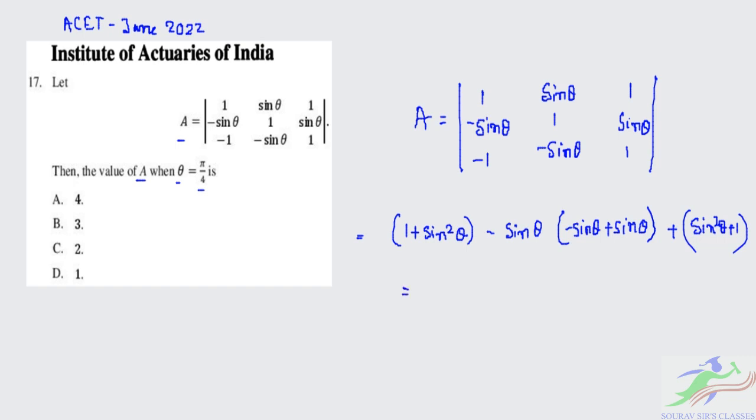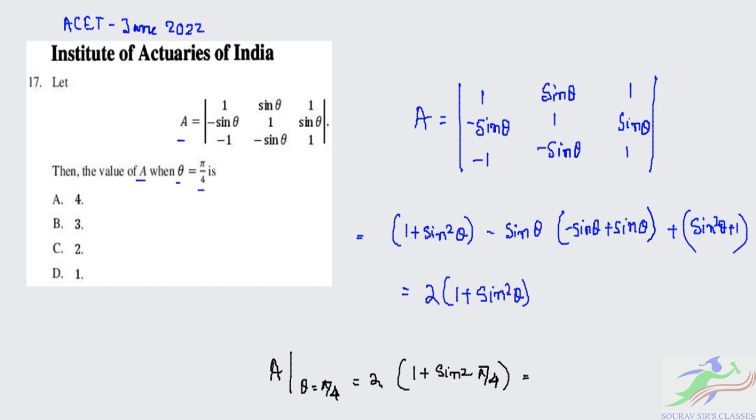So we will have simply 2 of 1 plus sine square theta, right? Now put the value of theta and find the value of A. So at theta equal to pi by 4, here we will have 1 plus sine square pi by 4.